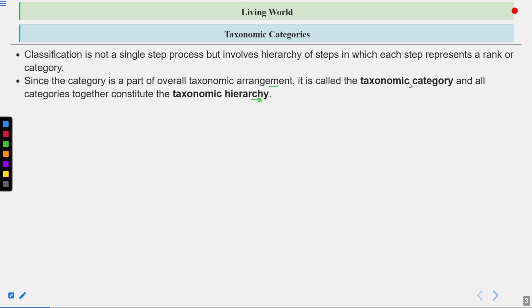So these categories are basically known as taxonomic categories. What are categories? These are a group of the organisms. And these organisms are grouped together into a particular category based on some similarities and dissimilarities. Usually it is similarities and dissimilarity with other organisms. All the categories together constitute the taxonomic hierarchy.